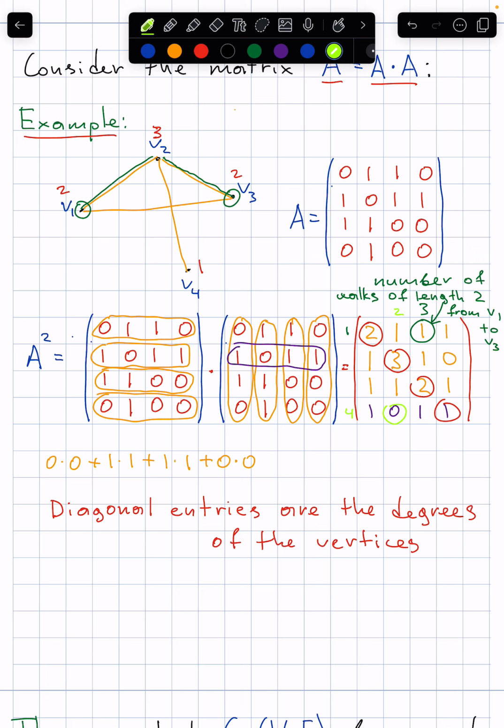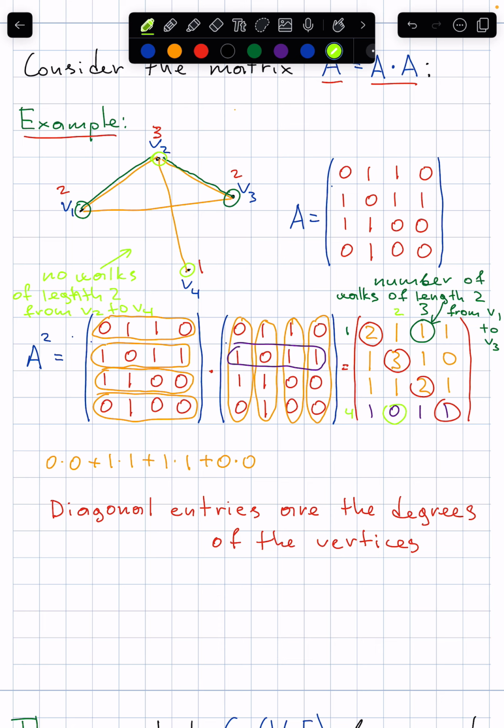We're talking about V2 and V4, and we can see that there are no walks of length 2 from V2 to V4 connecting these two vertices. That's why we get 0 there. So the 0 is the number of walks of length exactly 2 between the corresponding vertices.